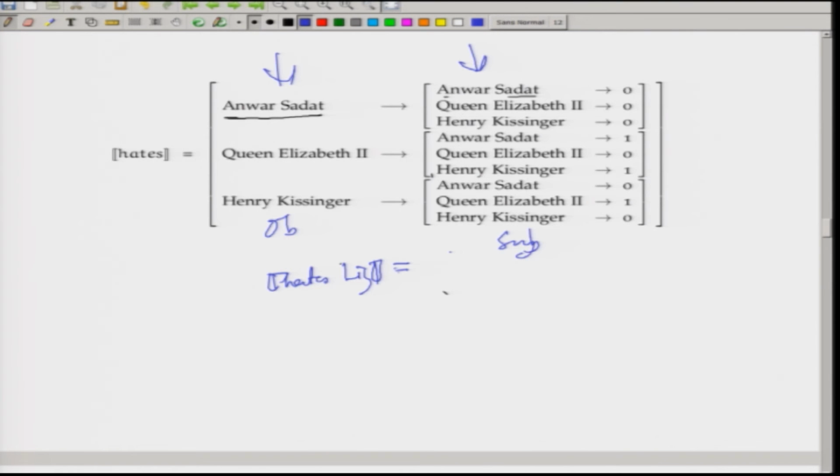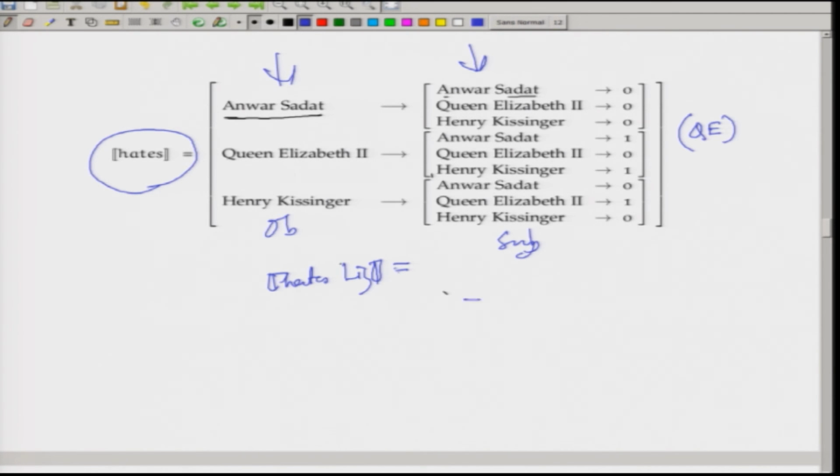So let us pretend that there is no restlessly here. So hates now takes something, right. This is the hates function, and it takes Liz, the denotation of Liz, which is actually QE, the abbreviated version for Queen Elizabeth II.